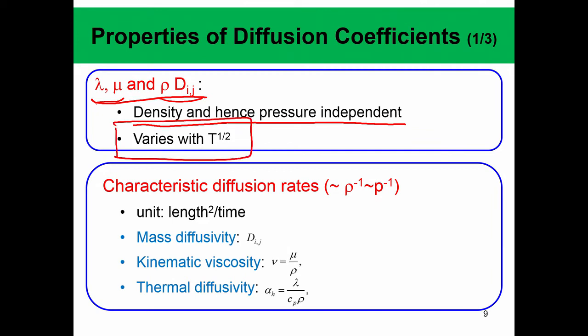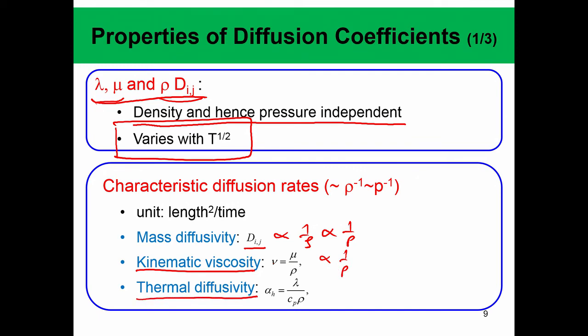The actual variation is even stronger, but this T to the power of half gives us quite a good qualitative idea that it should be increasing with temperature all the time. Now, the diffusion rates that might be of choice are sometimes dij. So dij is proportional to 1 by rho, and so it is proportional to 1 by p. If we use kinematic viscosity, that is essentially proportional to 1 by rho, so that also becomes proportional to 1 by p.